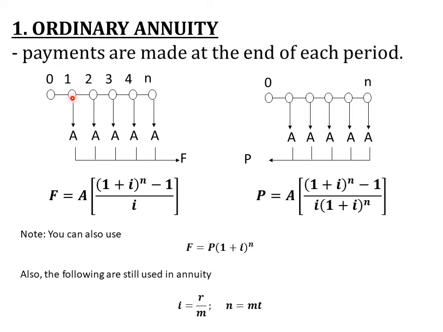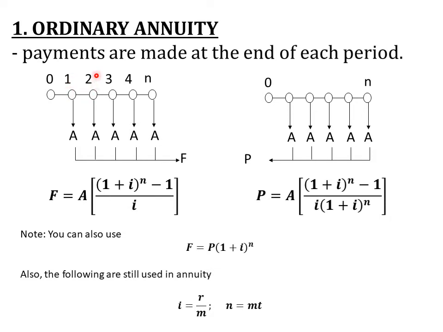For example, let's say this is at the start, then the beginning of the first period, then the end of the first period. At the end of the first period, you have the payment A. Then this end of the first period is also the beginning of the second period.